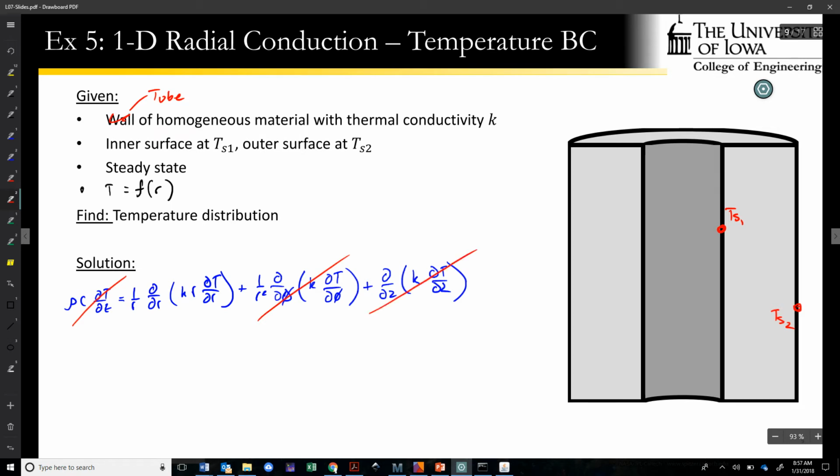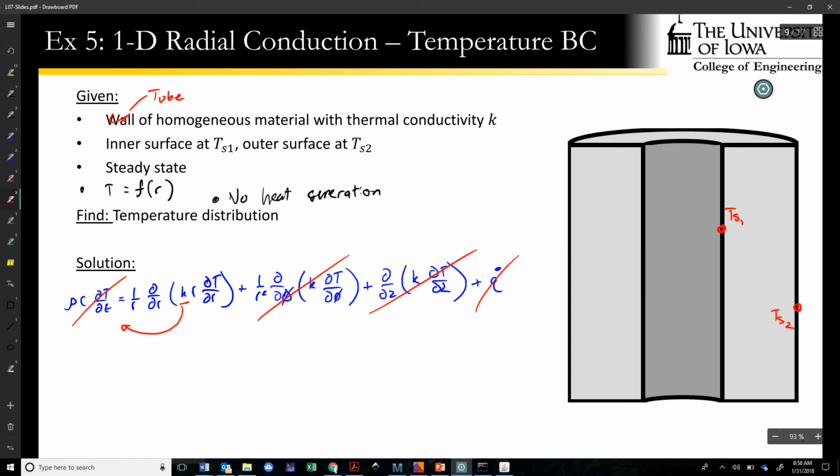And if our material is homogeneous, then our k term can come outside of the derivative. Oops, sorry, I forgot my plus q dot, and I also forgot to specify there's no heat generation, so we cancel that term out as well.